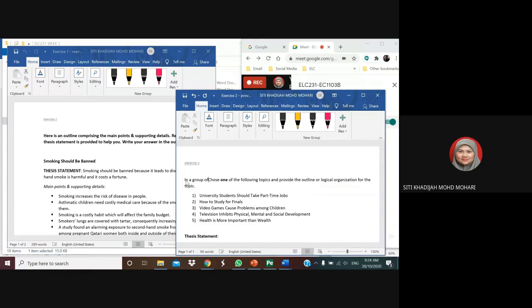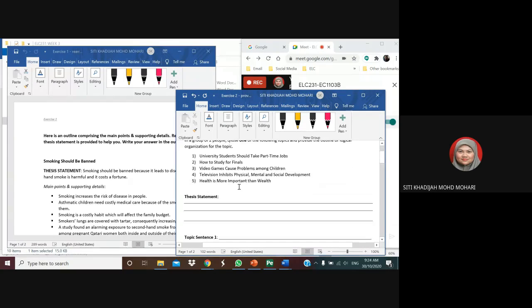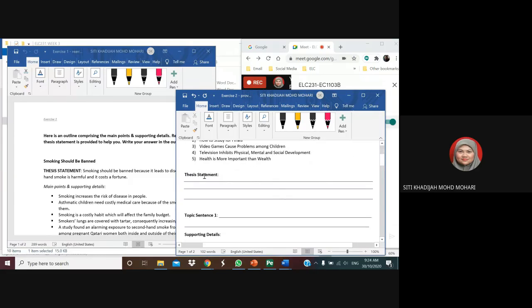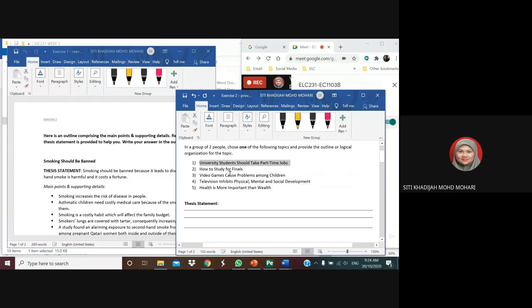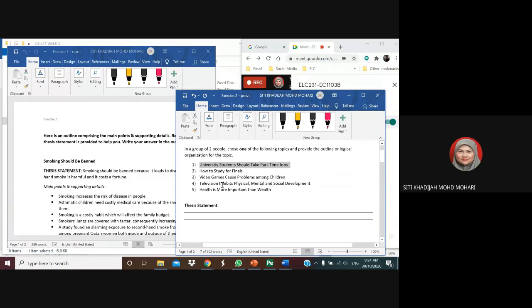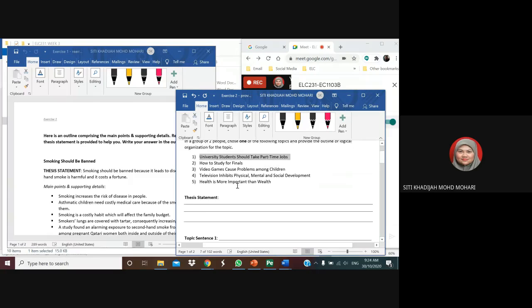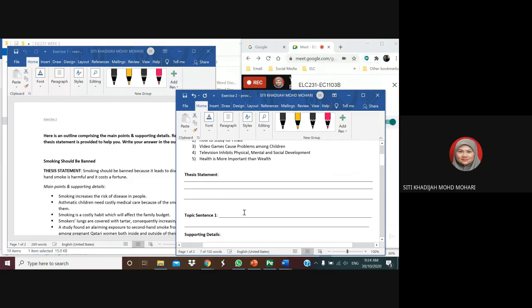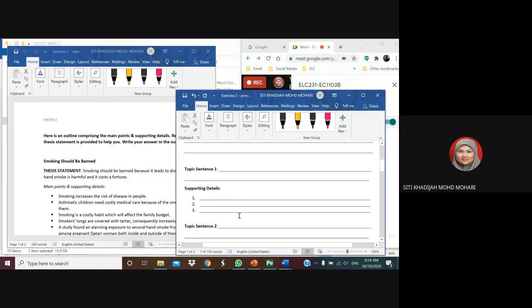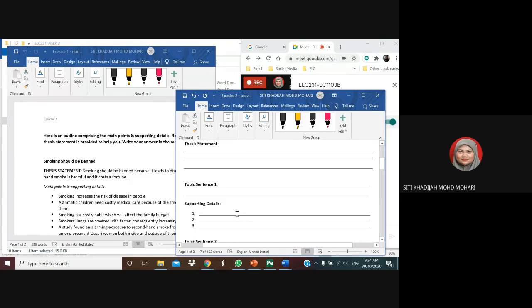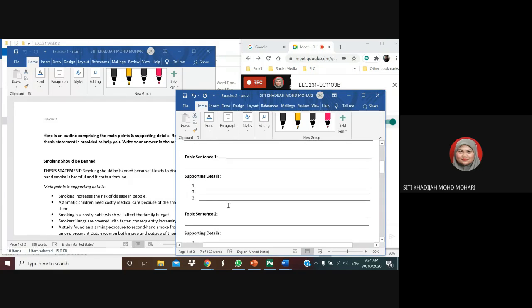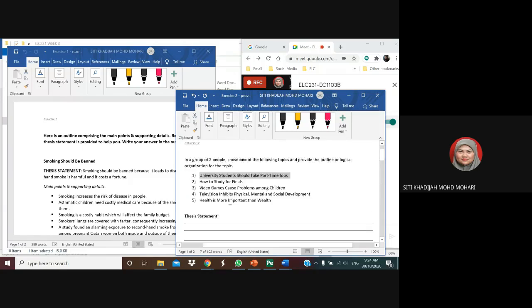Group of 2 people, meaning that you have to find your pair, choose one of the following topics, and then you have to come up with a thesis statement, topic sentence, and supporting details, 1, 2, 3. So supporting details, you need to come up with 3 supporting details because there are 3 spaces over there.